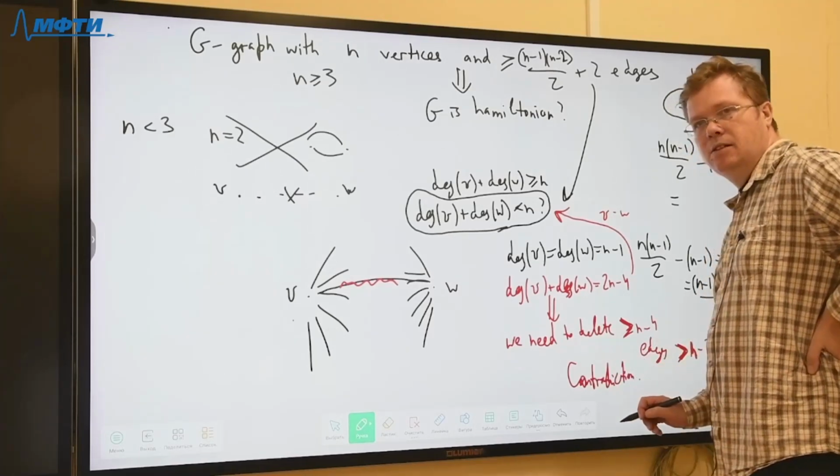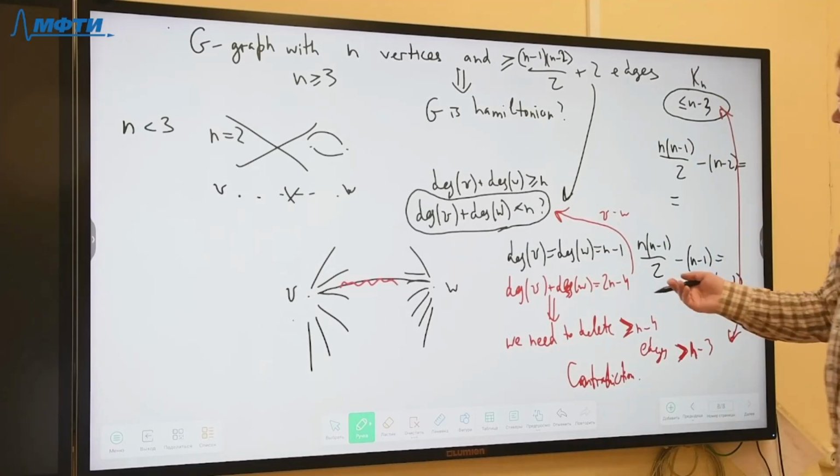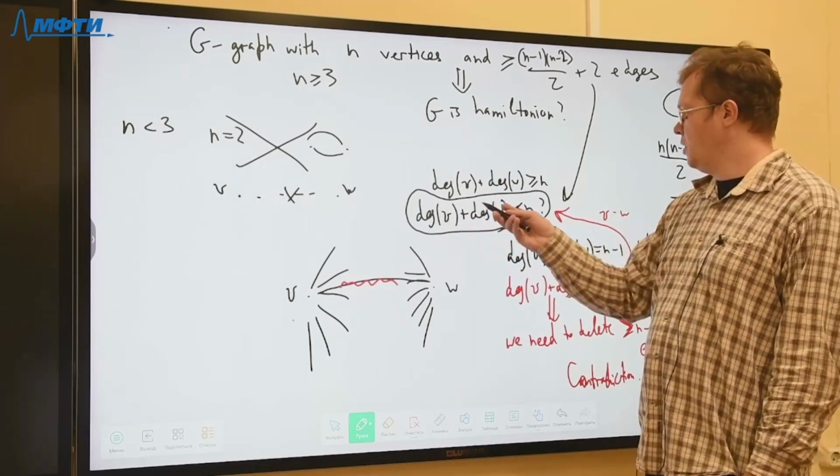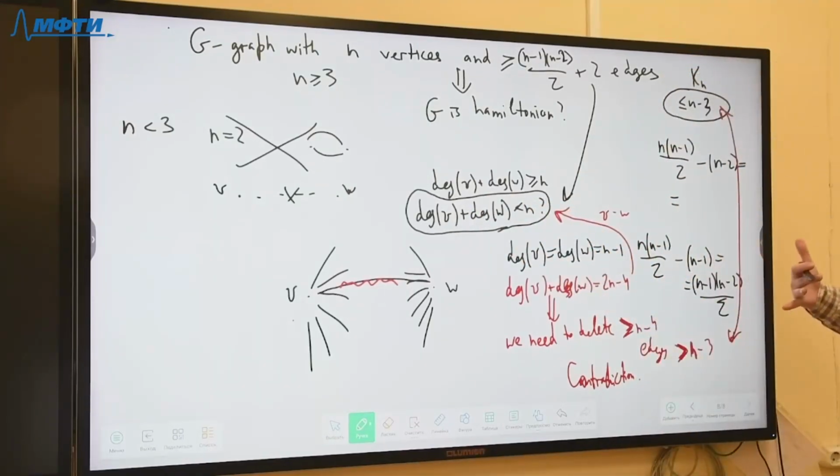Yeah, I think it's okay, because if you want to check this inequality, we need to delete many more than n minus 3 edges.